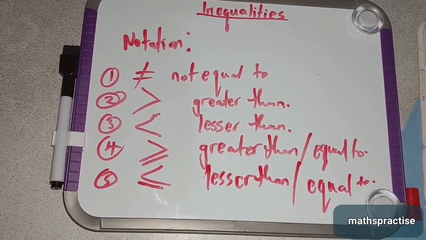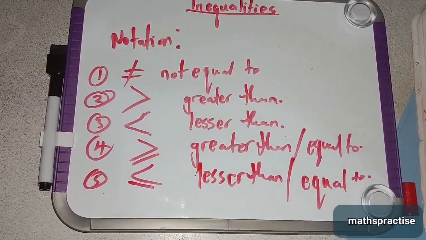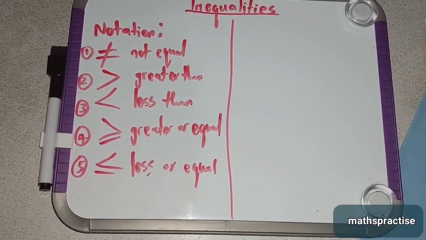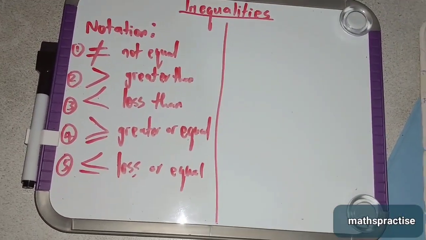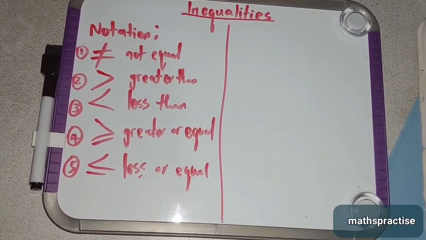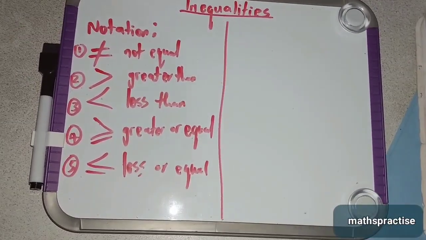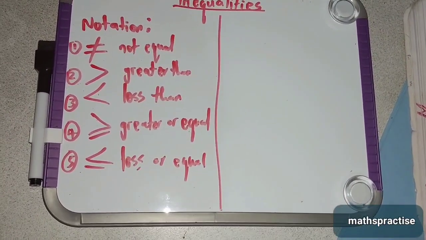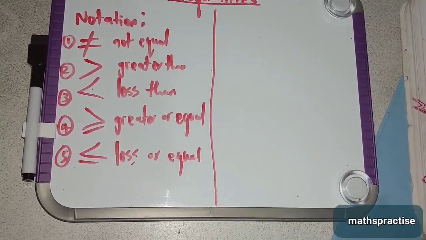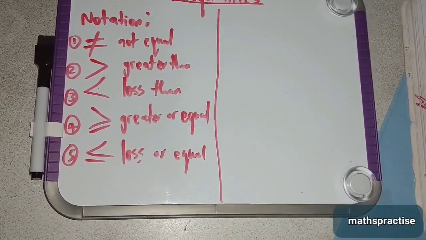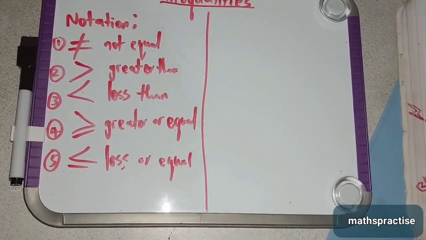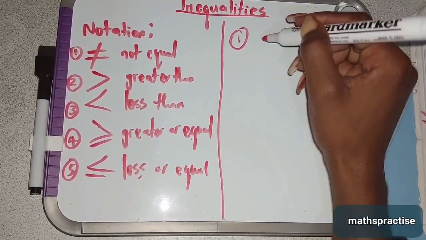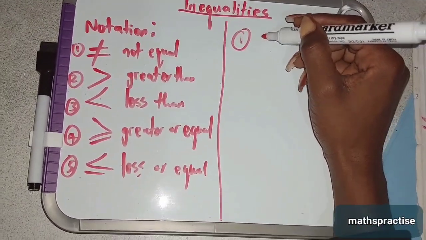And the second thing is that in inequalities we have linear inequalities that have one variable, and the second one is linear inequalities that have two variables. So number one, with one variable.